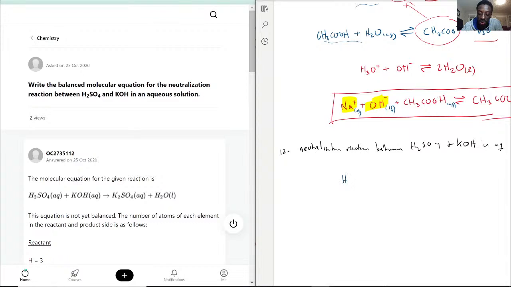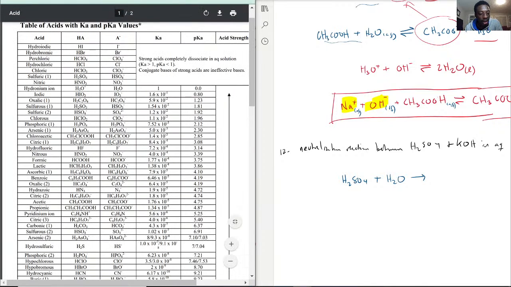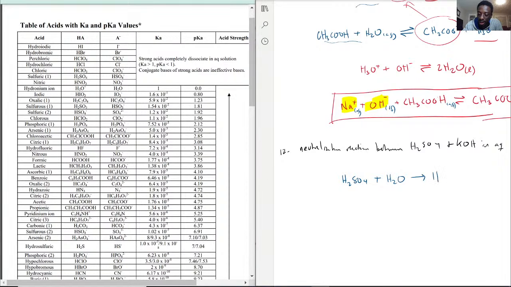So we have H2SO4 plus H2O, okay, and it is a strong acid actually, the first one, or is it? I was confused. Sulfuric acid is actually, yes, it is a strong acid, the first one. So it dissociates completely to where it gets HSO4 minus plus H3O plus.